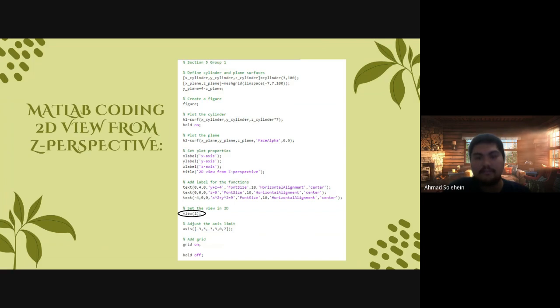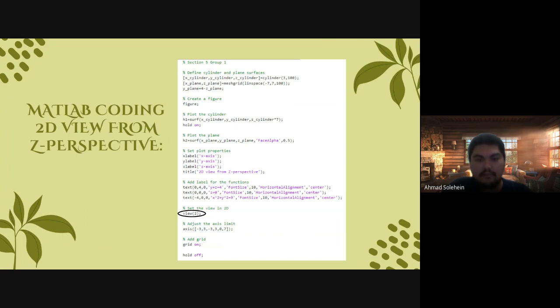0.5. To set plot properties: xlabel x-axis, ylabel y-axis, zlabel z-axis. Title is 2D view from Z perspective. For the labels of the functions: text 0, 4, 0, y plus z equal to 4, font size 10, horizontal alignment center. Text 0, 0, 0, z equals 0, font size 10, horizontal alignment center.